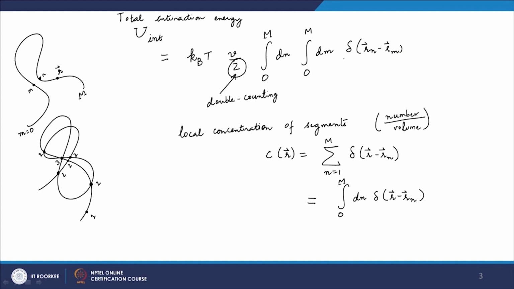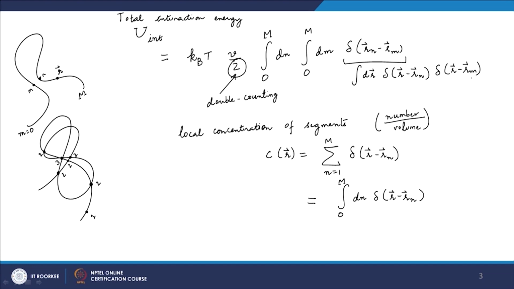So we can write this particular term as the integral dr of delta of r minus Rn delta of r minus Rm.